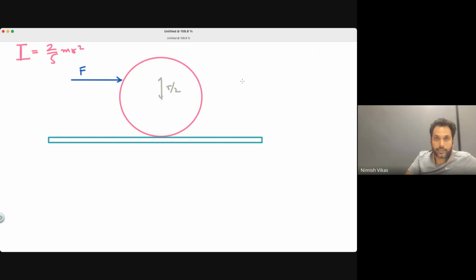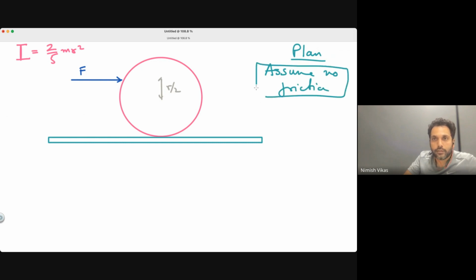So guys, for static friction, the best plan of figuring out static friction is what? Assume no friction. Whatever your calculation will be a wrong calculation, by the way, so you can't go by that calculation, but it is at least going to give you that if there is no friction, this would have happened.